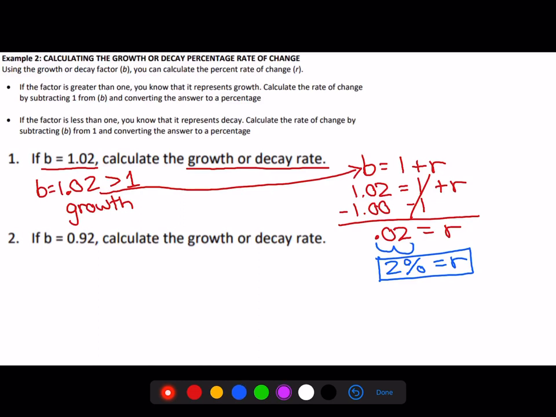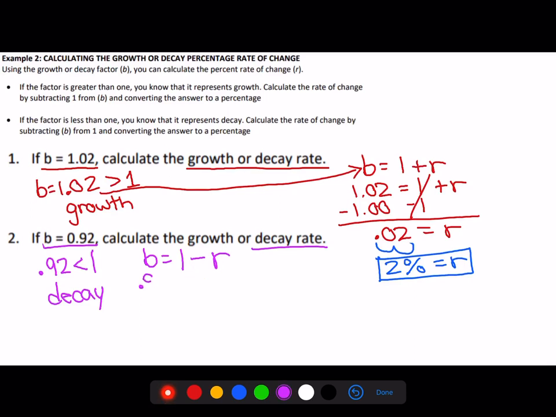For number 2, this time B is equal to 0.92. I know 0.92 is less than 1, so we have decay here. So we're looking for a decay rate. So go ahead and plug that into our formula. B is equal to 1 minus R, because once again we're using minus because it's decay.